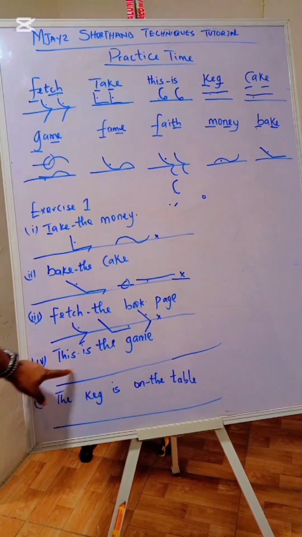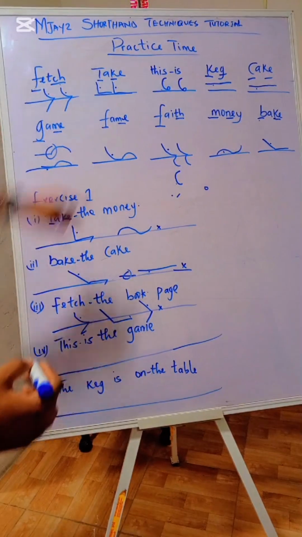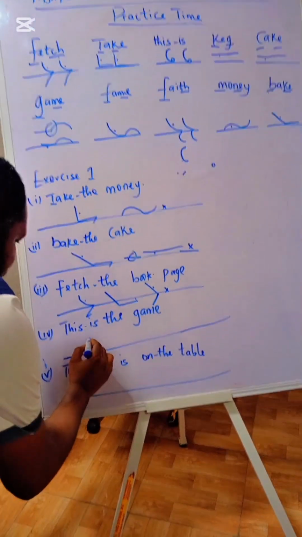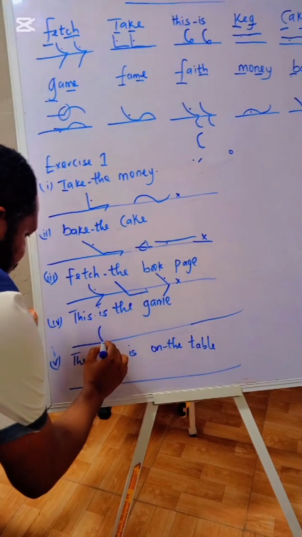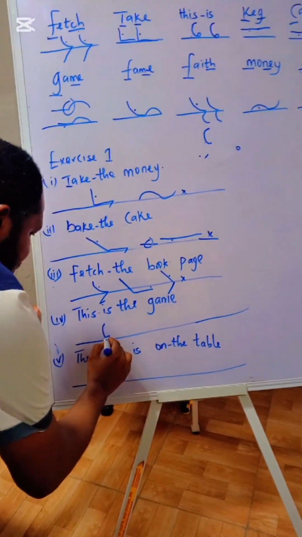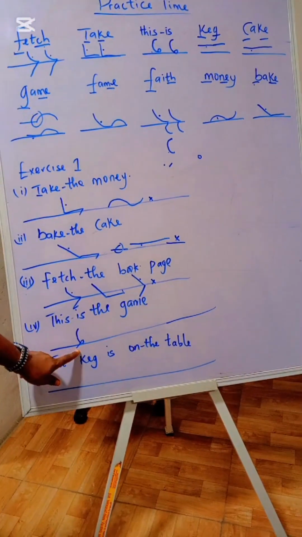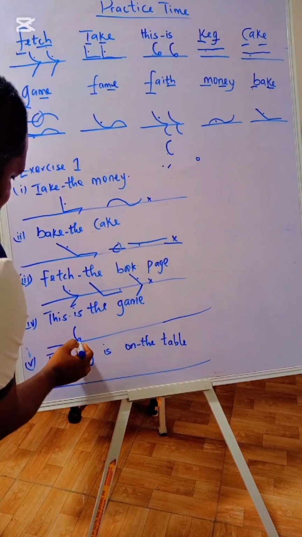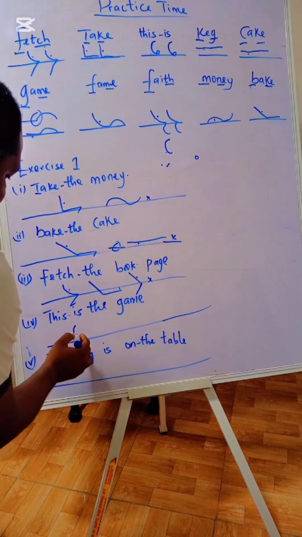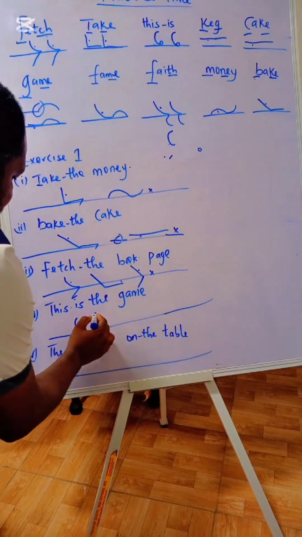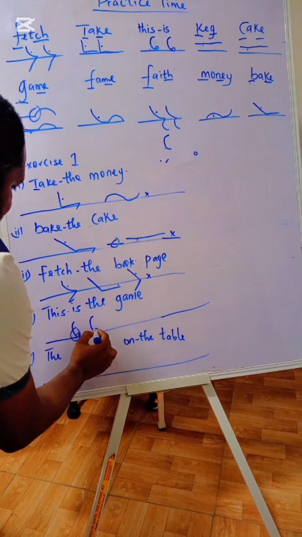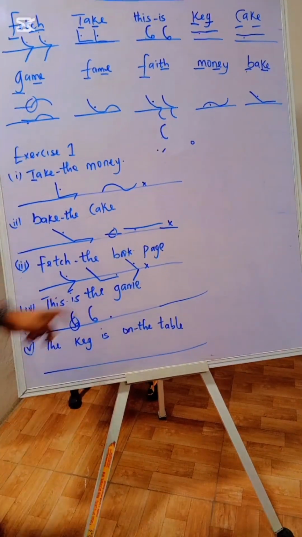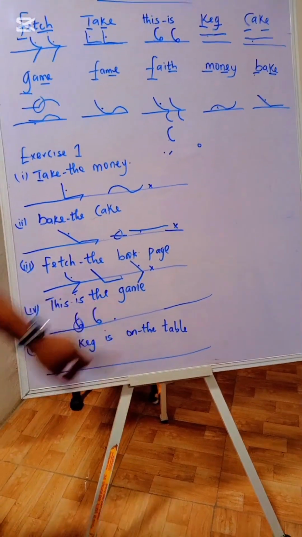So next is, this is the game. We have this is on the board already. So here comes this is the. If you don't want to use this D, you can still remove it by using the dot as D. This is D, but in that case it will not be joined.